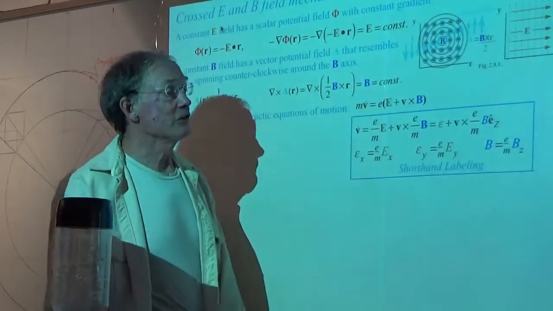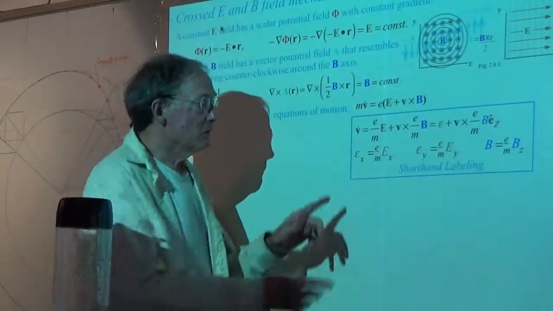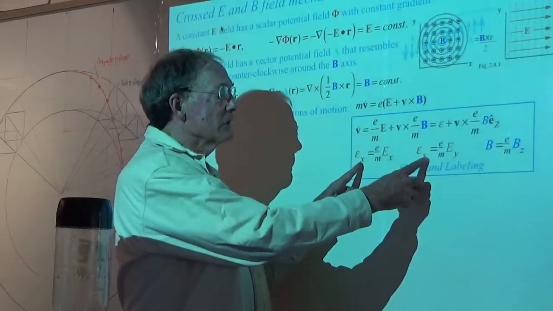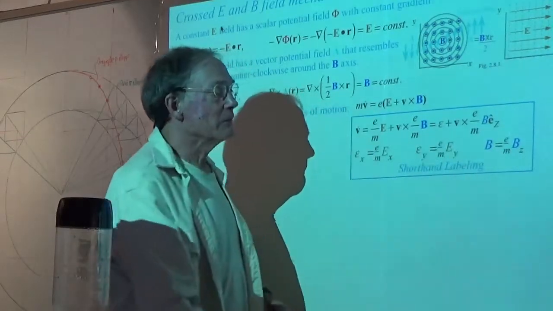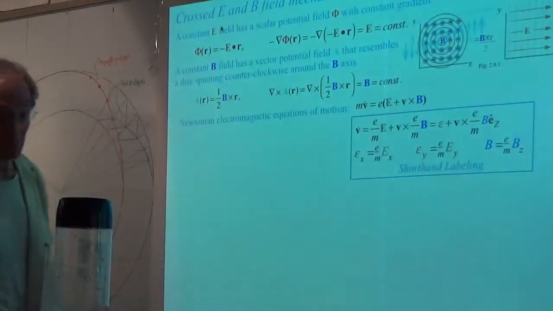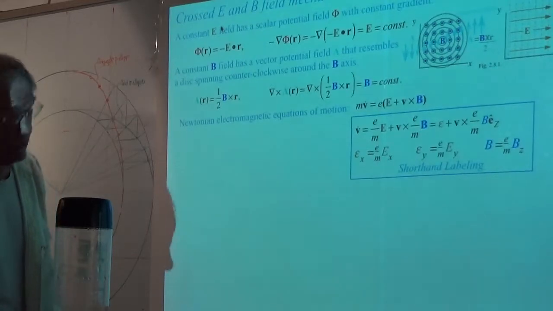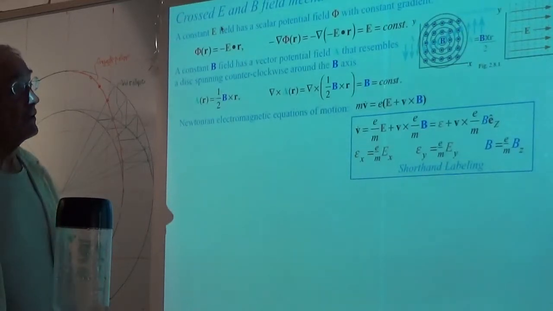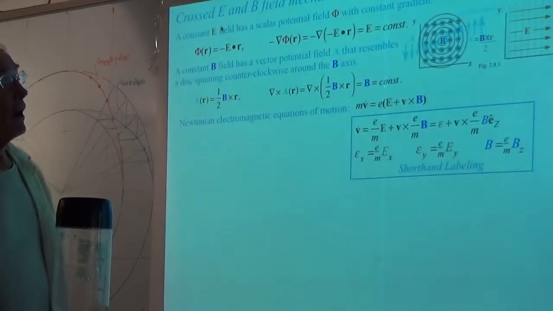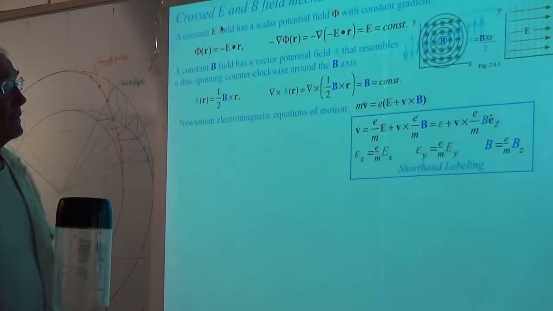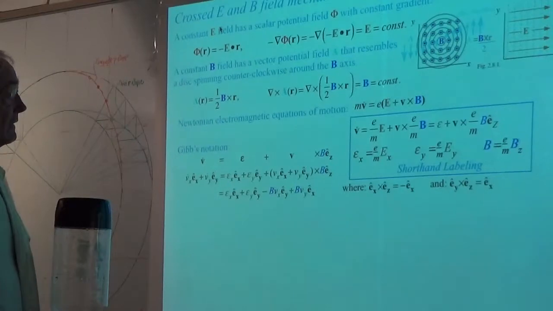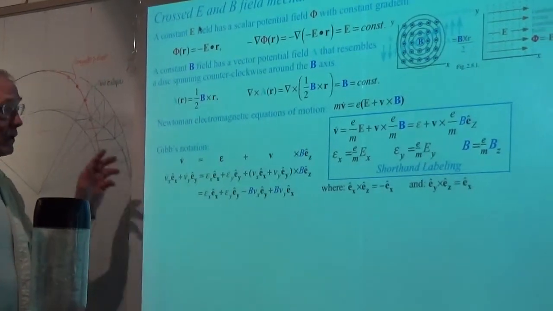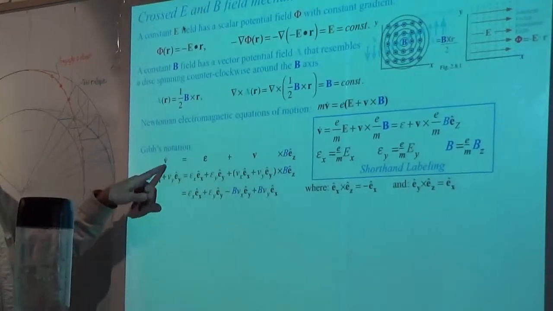This is 2D stuff here. So the electric field has a vector, but the B is just a single number. Very much like what we were doing when we were making an analog of complex variable fields and potentials. So there's my shorthand labeling, and now let's use that to write an equation for velocity.